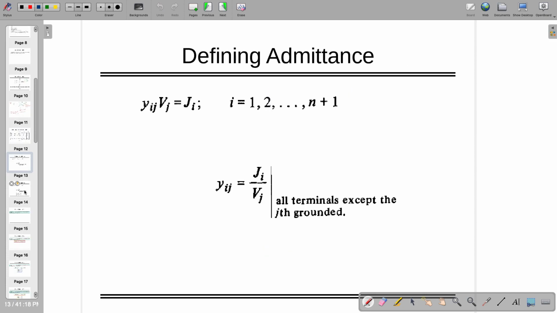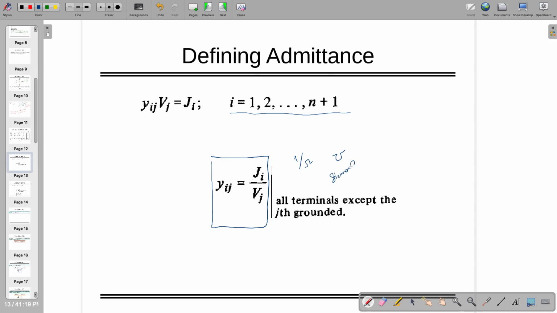So we define the admittance: Yij times Vj equal to Ji, where i goes from 1 to n plus 1. Similarly j also increases, and Yij is nothing but Ji by Vj. Admittance is known to everyone, right? Its unit is 1 by ohm, or mho, or Siemens, right?